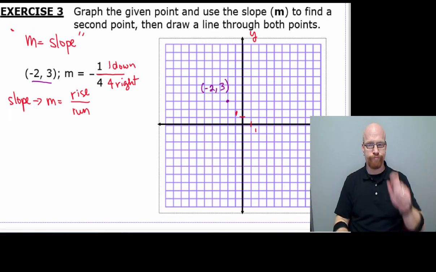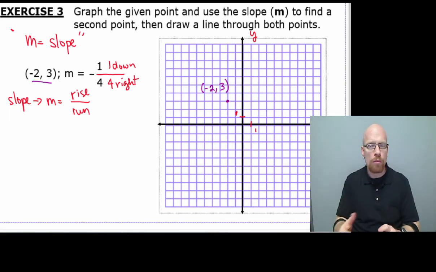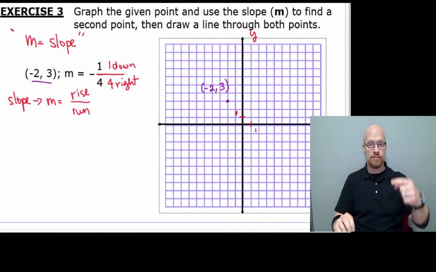Now we use our slope to tell us where to go. We need direction. We have location, we need direction.